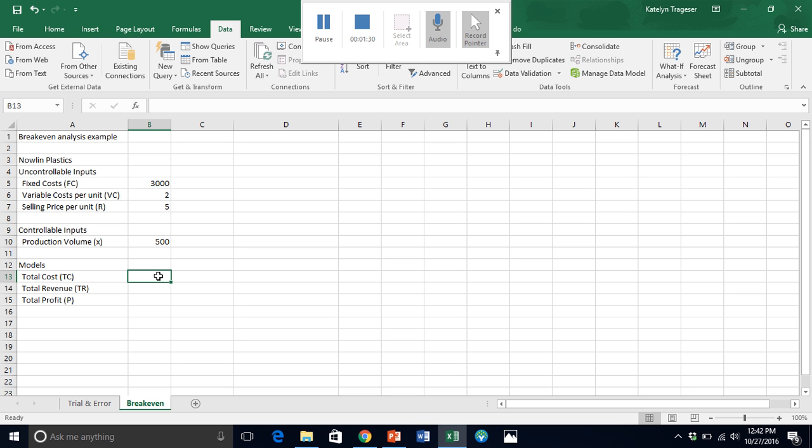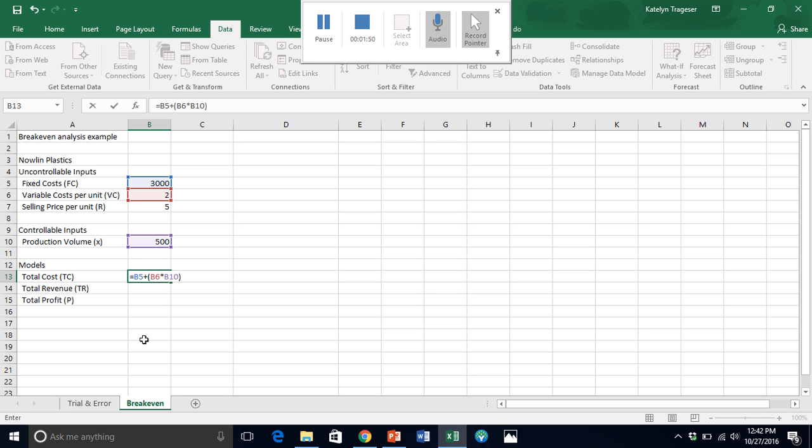The first model is total cost. Total cost is equal to our fixed cost plus our variable cost times the number of units in our production volume.